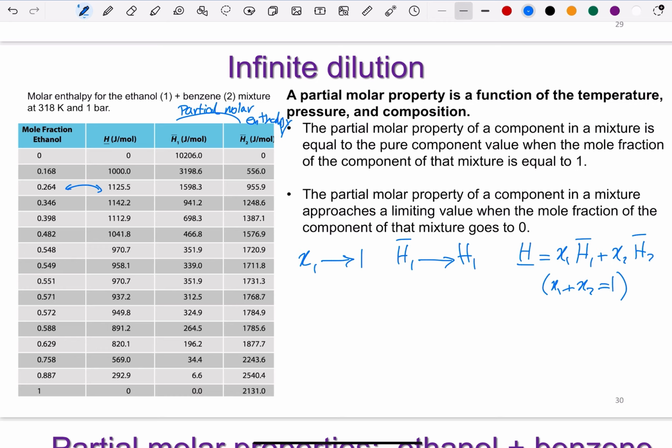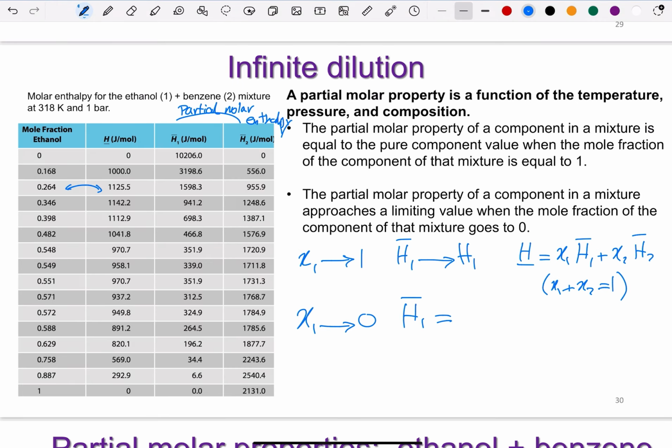That's the idea. But one thing interesting that happens is that when X1, let's say it goes to 0, we consider that case, what happens to H1? That particular case, we call it an infinite dilution case for component 1, meaning that there is a tiny bit of component 1 in the mixture.